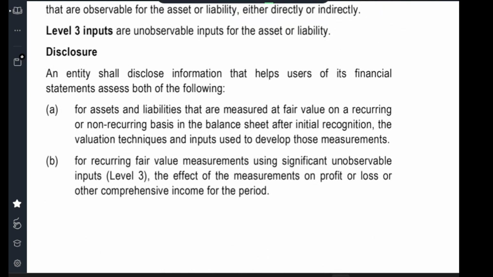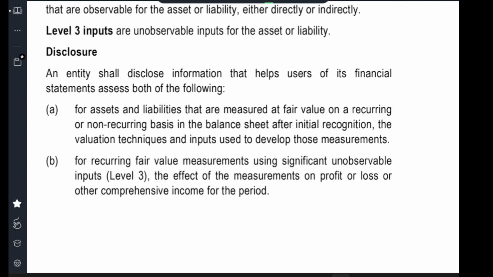The entity shall disclose information that helps users of the financial statements assess both of the following. So the entity should disclose; that is the main disclosure clause. What to disclose? Assets and liabilities that are measured at fair value on a recurring and non-recurring basis in the balance sheet after initial recognition, the valuation technique, and the inputs used to develop this measurement. So what method are we using, how is the value being obtained, and what are the inputs for this valuation; we should also give these.